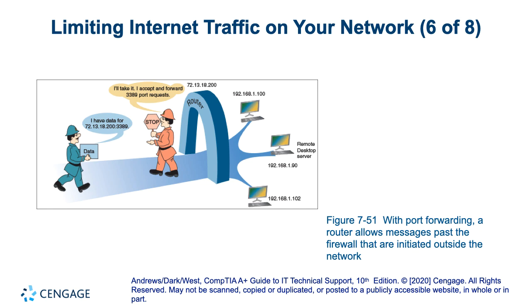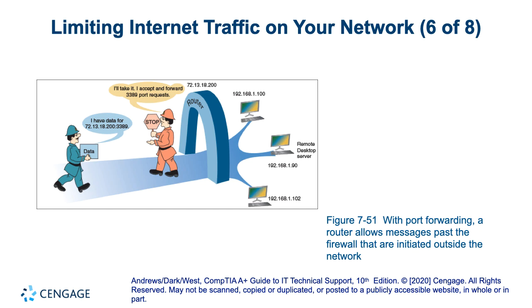So if you request something and it comes back in, of course it allows that in. But something that just comes at you and you didn't request it, it usually blocks that. So by enabling port forwarding, you tell the firewall it's okay for certain traffic to come through the firewall that you didn't request.